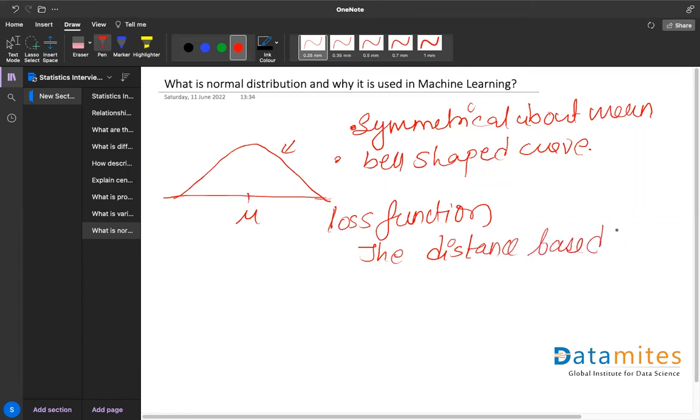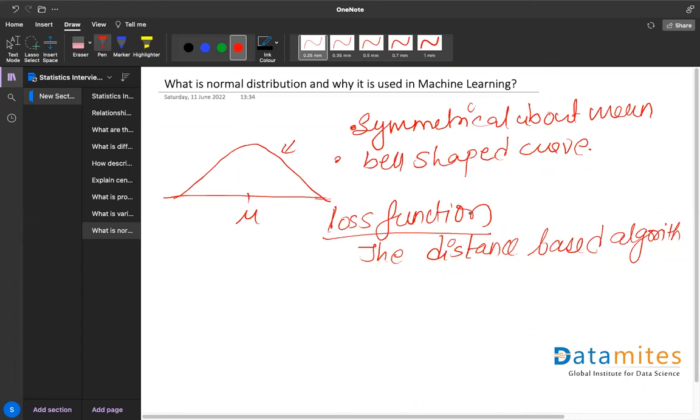That means the distance-based algorithms. So what are the distance-based algorithms? KNN, SVM, then we have linear regression, logistic regression. So basically here we try to fine tune certain parameters. The tuning of parameters basically means reduction of the loss function.